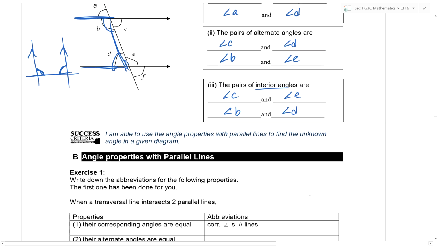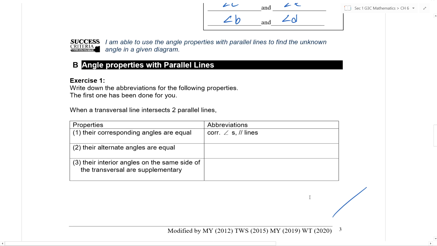Sometimes you will need to use these properties to help us solve for unknown angles. And instead of writing these as the reasons, which is quite a lot of things to write, we use abbreviations to help us shorten the amount of things that we have to write. So corresponding angles are always equal.